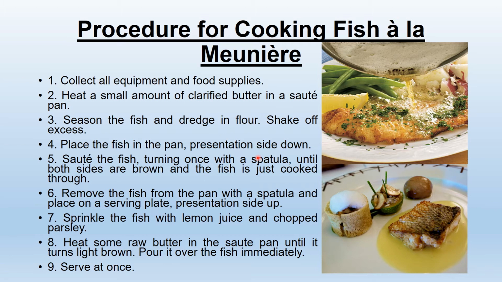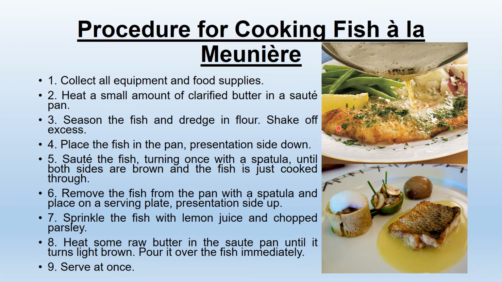Remove the fish from the pan with a spatula and place on a serving plate, presentation side up. So you will see over here, the fish has the skin, right? You see the skin is crisp, a very, very beautiful texture. And you see that over here, they place the skin up. And over here you can see the center, meaning that this was the part where the bone was found.